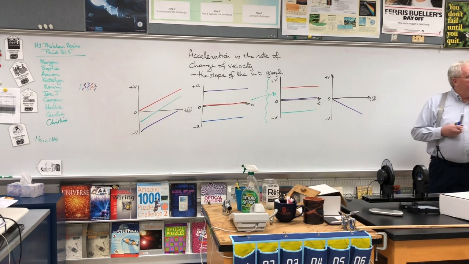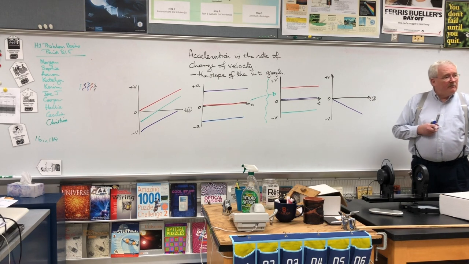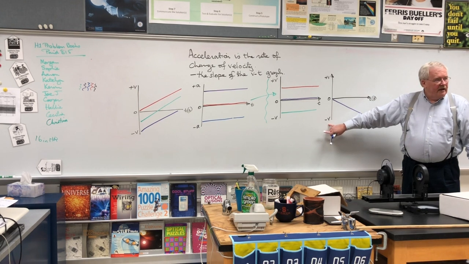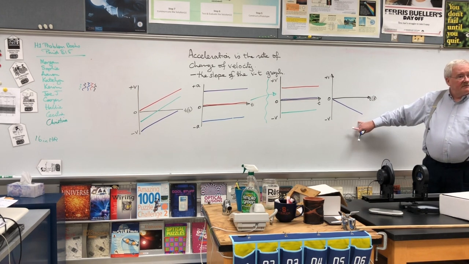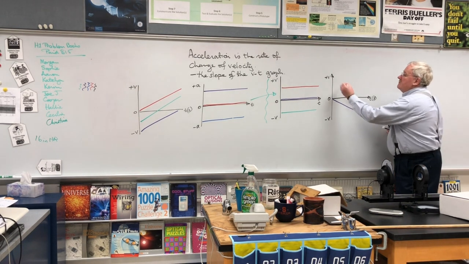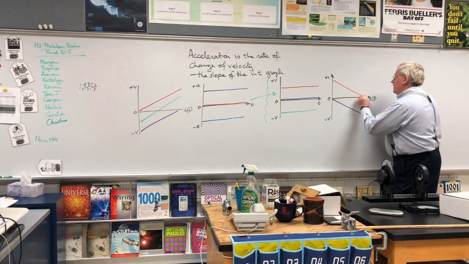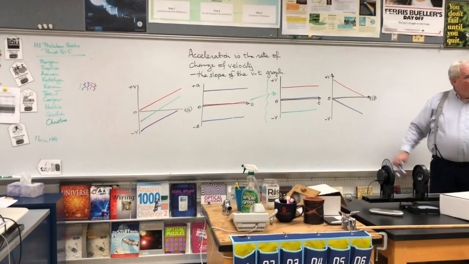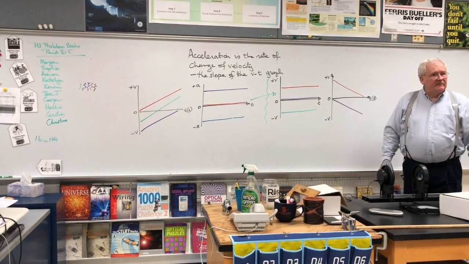So let's put in some values for that on this velocity time graph. That's one possibility. That means that the object is moving towards our reference point and it's speeding up, right? The negative velocity, or the going away, is getting larger. We have another possibility though. We also have that as a possibility. What does this one mean? We have a negative constant slope. Right, it's going away and decreasing.